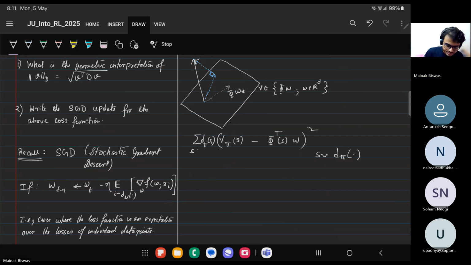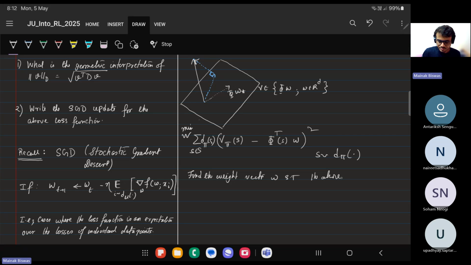Isn't it? This is what we tried to do. We said that the MSE loss we should minimize over W. Find the weight vector W such that the above loss is minimized. Right?